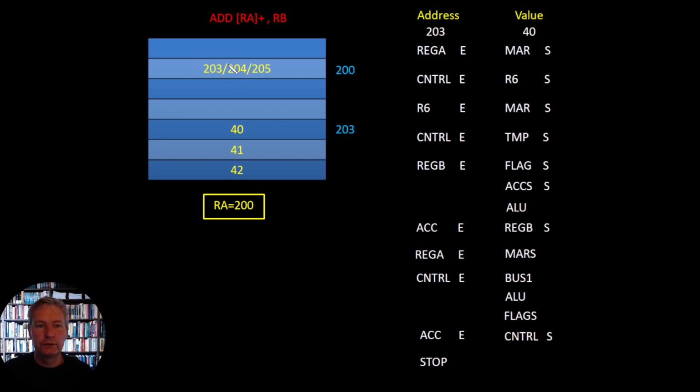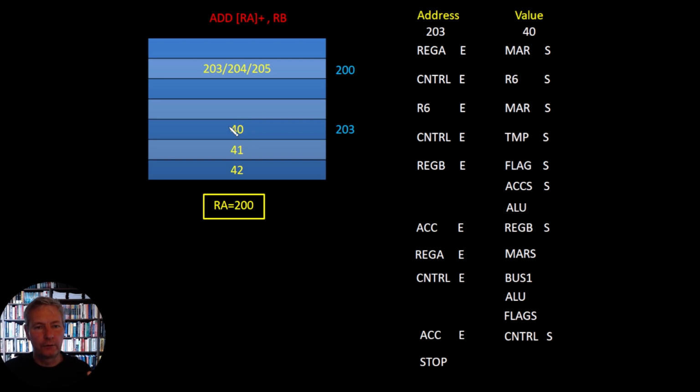Now the 203 is a pointer. That's why this is called a pointer. It's a pointer to another memory location. So the new memory location is 203. So we have to go to memory location 203, and then we have to go into this memory location to pull out our operand. So now we have found our operand, and that value is 40.